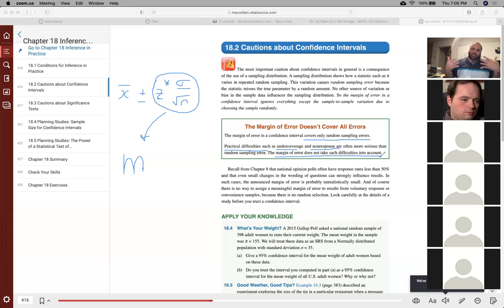So when you see a survey, like for example, number 4 here, what's your weight? It says a 2015 Gallup poll asked a national random sample, so it is a random sample, of 389 adult women to state their current weight. Now, it's not a true simple random sample because the Gallup poll cannot reach every single adult woman in America, and therefore it's not truly an SRS.